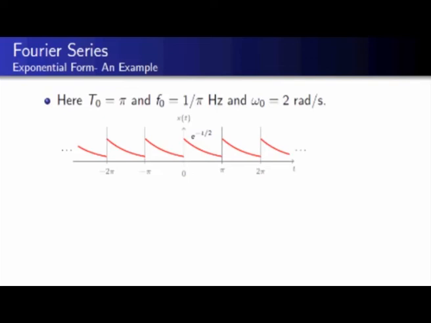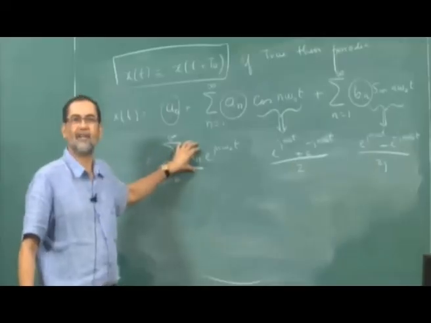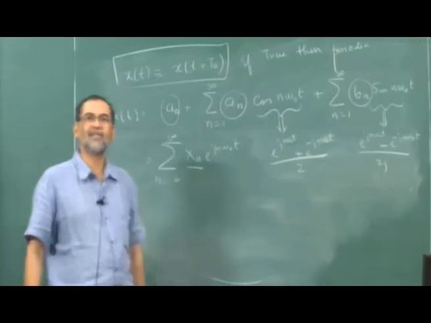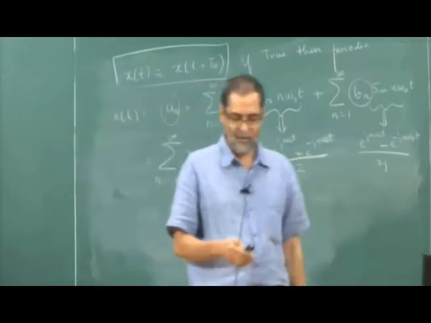So for this periodic signal where an exponentially decaying part is repeated every pi seconds, I know the values of t naught, f naught and omega naught, right? I want to compute xn, the Fourier coefficient for this particular signal. I want to compute the Fourier series.